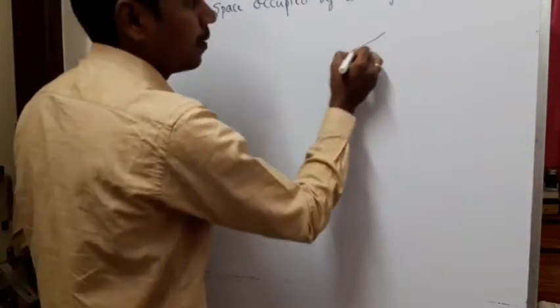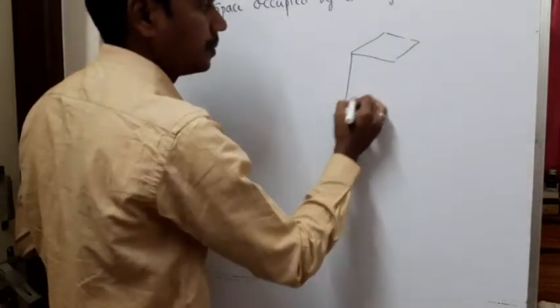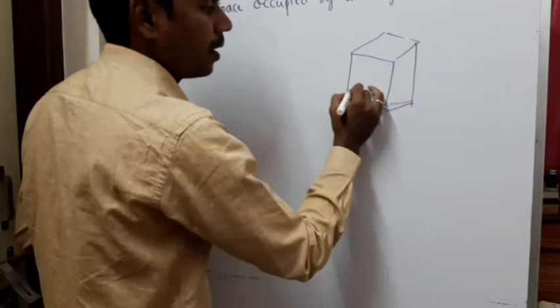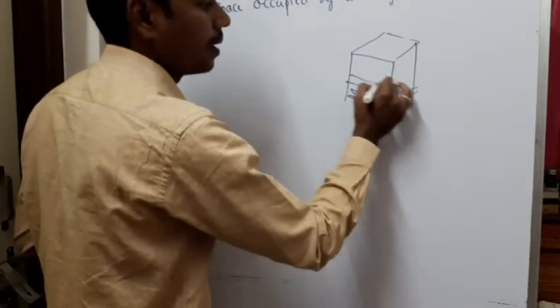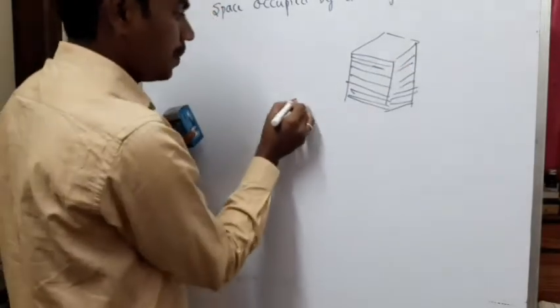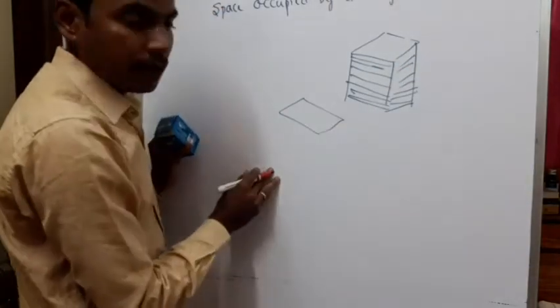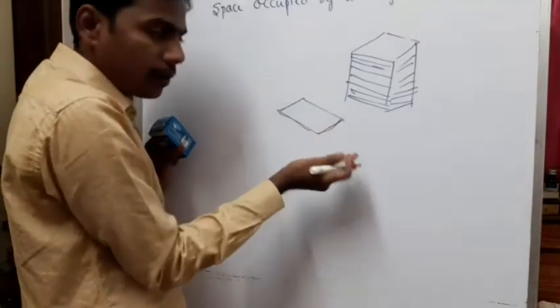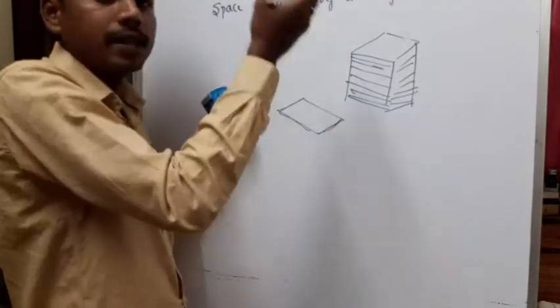Fine. Say, in case of the cuboid, this is an example for cuboid. When you slice it, you are going to find this. I will take out the part. So the part will be like this. These individual surfaces are stacked up one above the other.